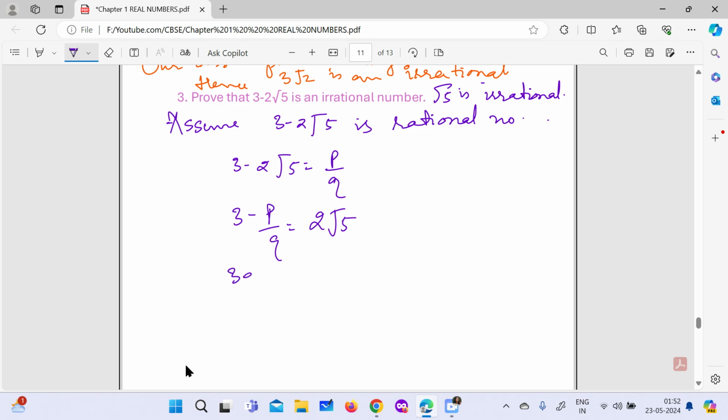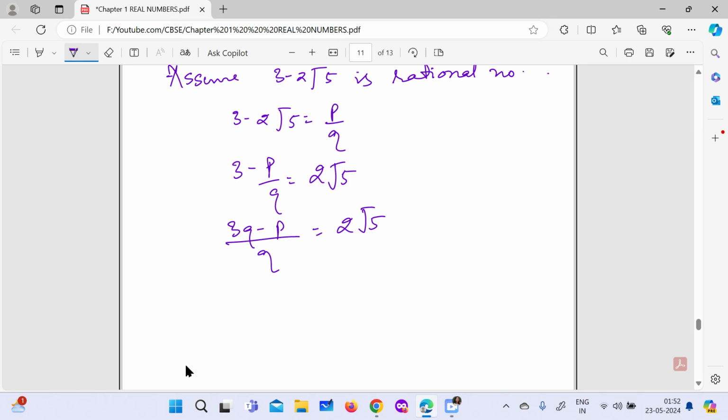Now we solve just this part. So this will be 3q minus p over q, which is nothing but 2 root 5. And then you just isolate this root 5. 2 will come to this side, so you have 3q minus p over 2q.